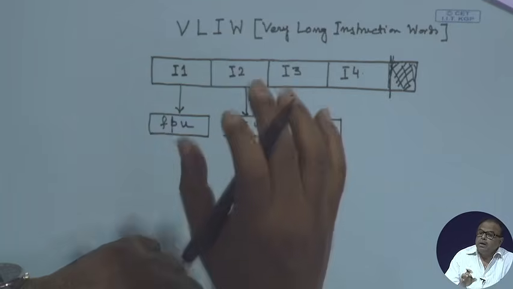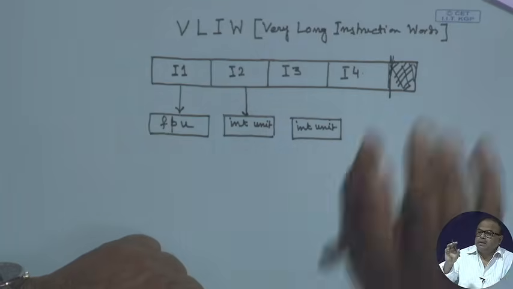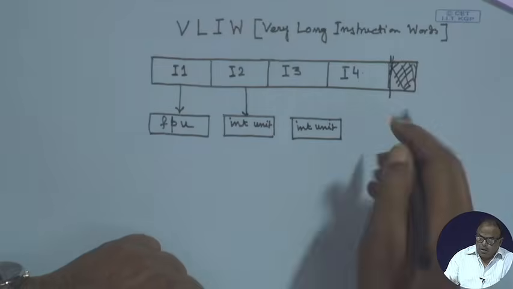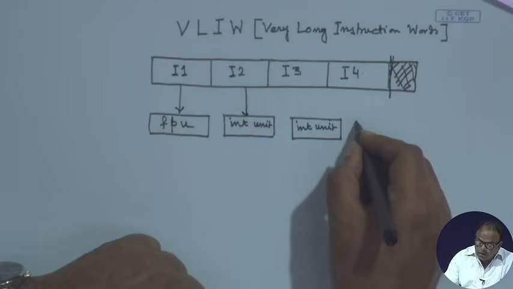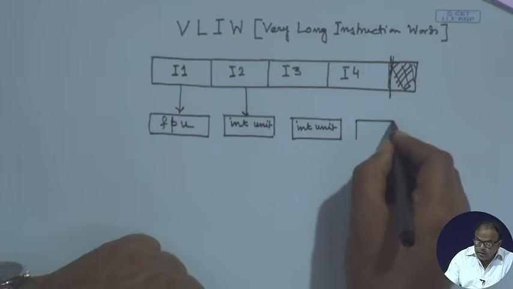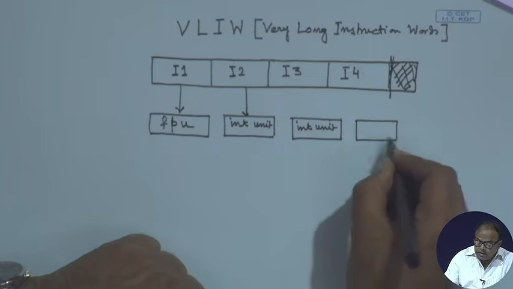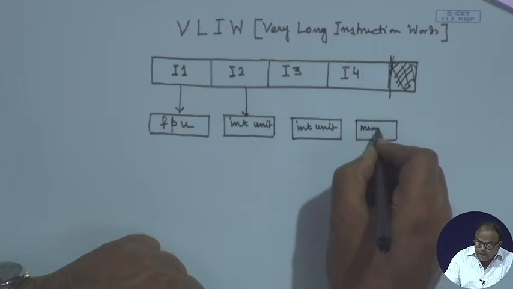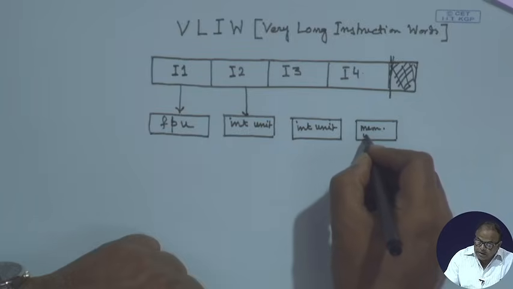So, I am assuming that my processing space is divided into identifiable and functionally independent components, and here is, say, a memory unit where some memory access is being done.